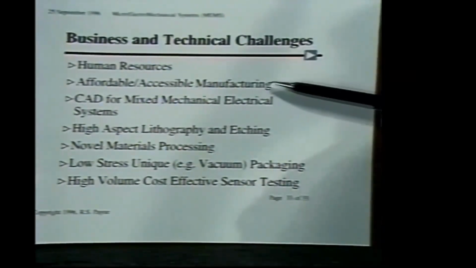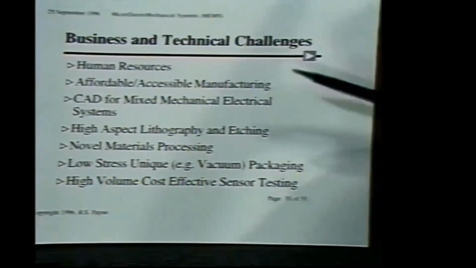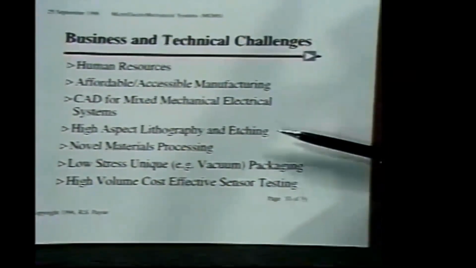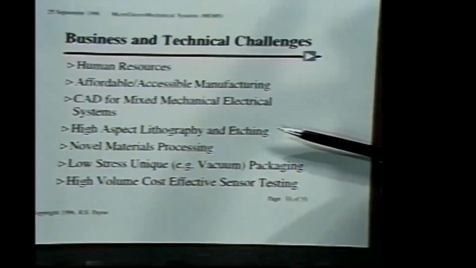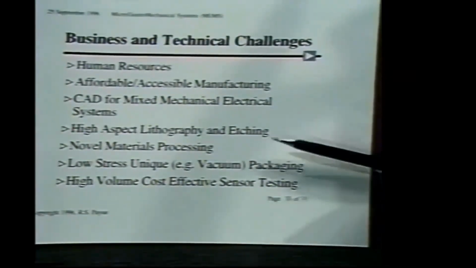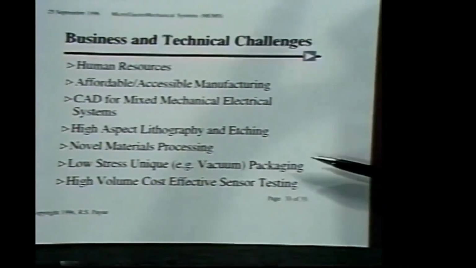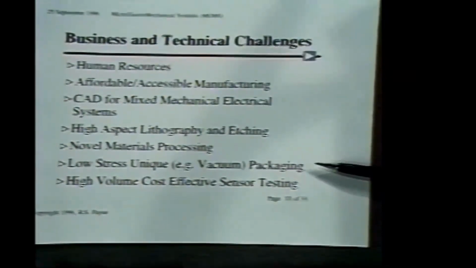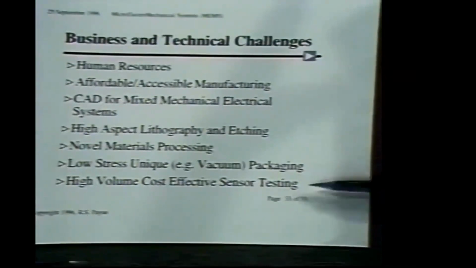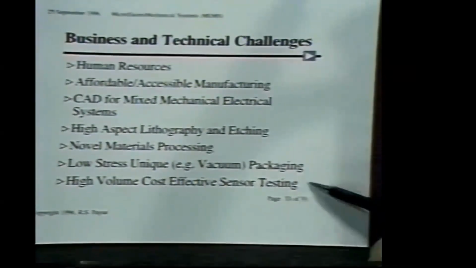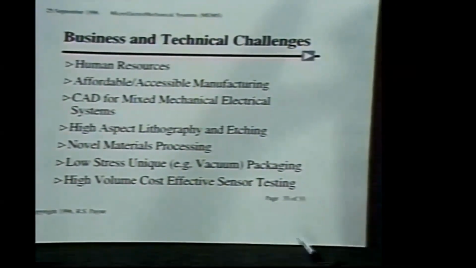But nevertheless, we need to develop a bigger manufacturing infrastructure, CAD infrastructure, some particulars associated with MEMS in terms of both materials and processing, as well as the whole packaging industry that is now geared to integrated circuits that we need to get geared to MEMS. And finally, testing sensors is an area where there's an awful lot of work to do. So with that challenge, I'll open the floor to questions.